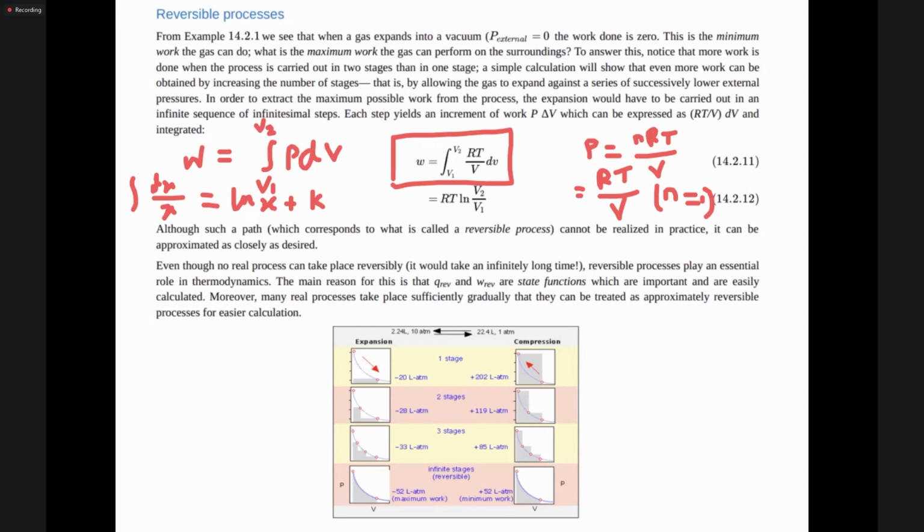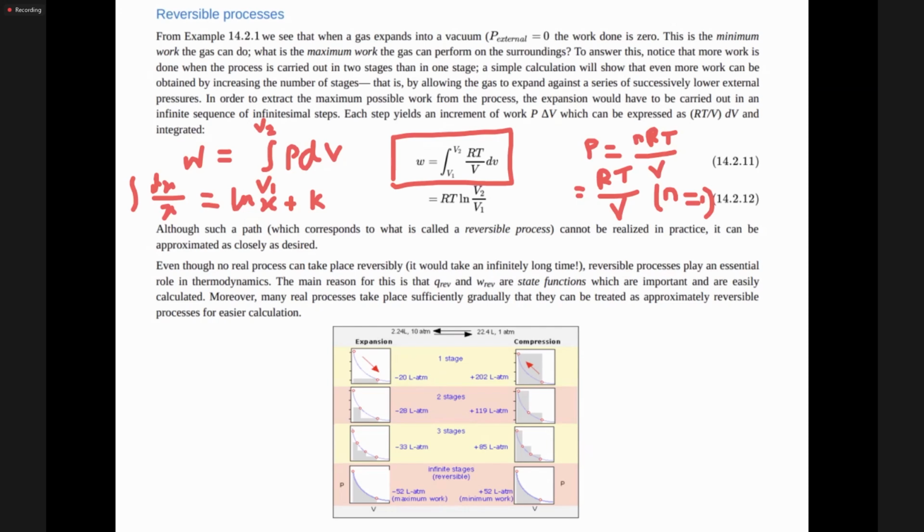Even though no real process can take place reversibly, in reality we see there is no reversible process, because it will take an infinitely long time. An infinitely long time is required for the performance of a reversible process.